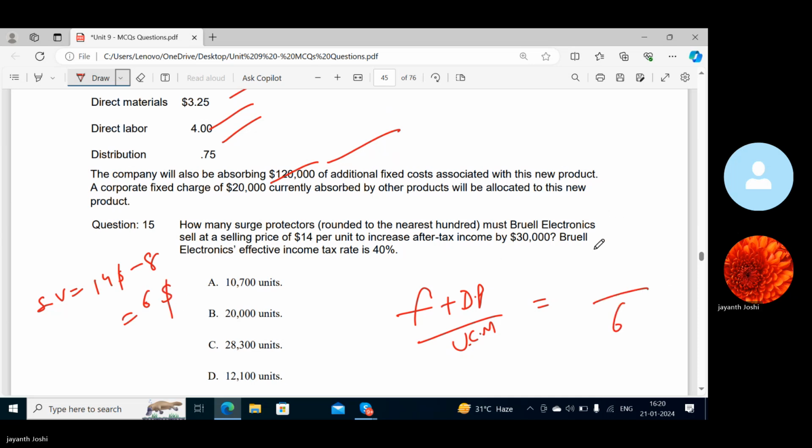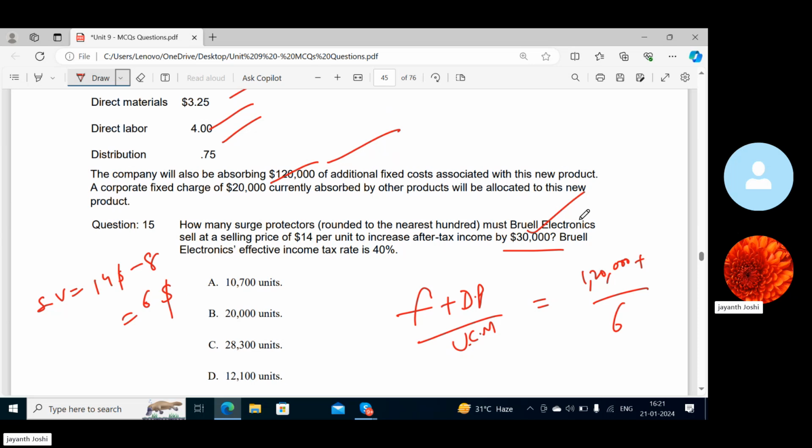Yes, sir, but we got 25,000 as the answer. Yeah, no problem. So the fixed cost is this, and desired profit is this. They want to earn 30,000, right? Yes, after tax income.